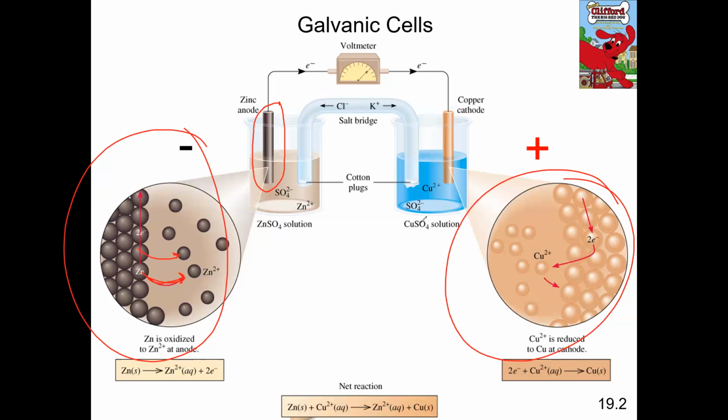The size of the cathode is increasing. Why? Because copper 2 plus is settling down as solid. So slowly the size of this will increase and the size of this will decrease.